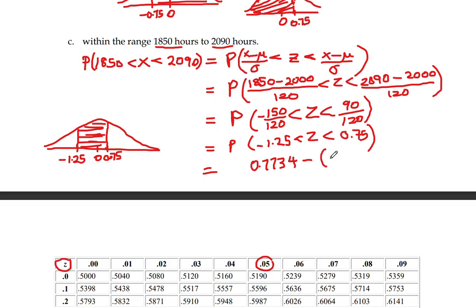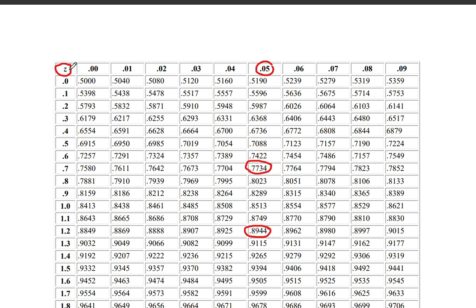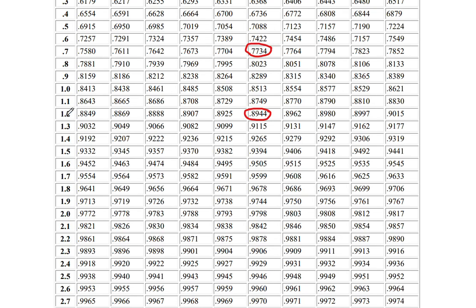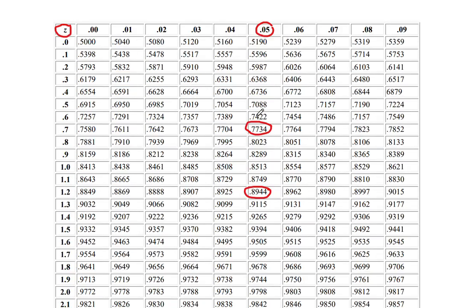minus 1, which is the total probability, take away the probability reading for the positive value that is associated with this negative. So what we're going to do here is that we're going to look for 1.25. So again, we go under the Z column and we look for 1.2 and then go straight across on the 0.05.